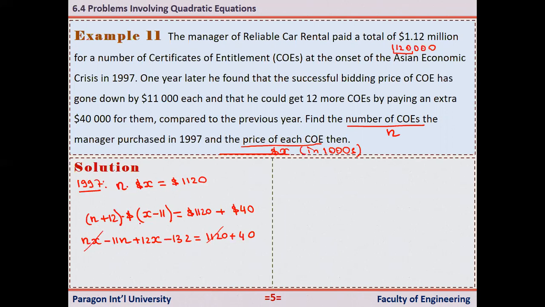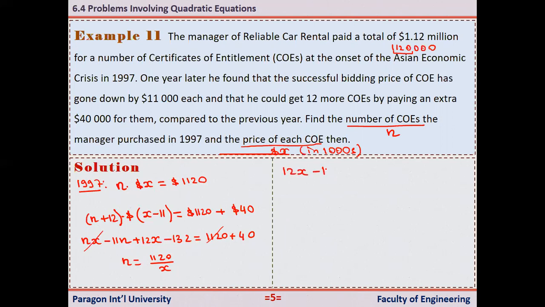And also from our first equation, what is n? I can express n in terms of x. So here we have n equals 1120 over x. Now, if I substitute this into this equation, we will have a quadratic equation in x. First, we have 12x, right?